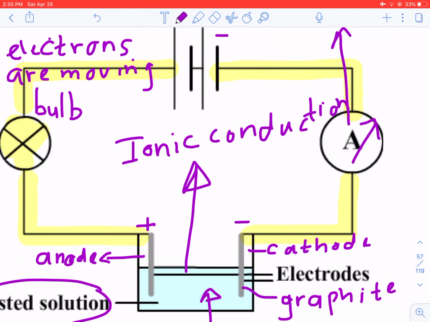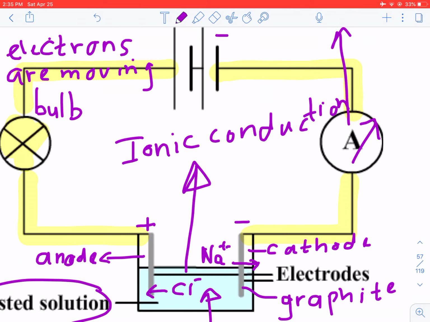So what happens here is you have your Na plus, and Na plus, you know, is a cation. So the cation moves towards the cathode. And we know sodium chloride has a chloride ion, and the chloride ion moves towards the anode.